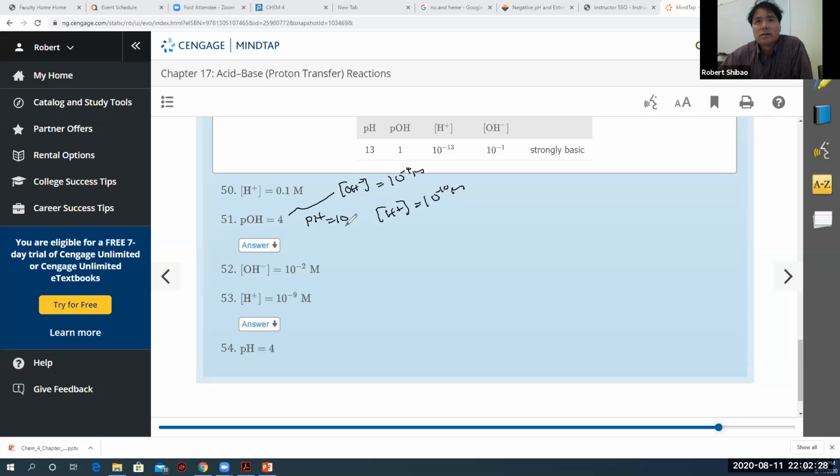A pH of 10 is moderately basic. They're probably going to pick strongly basic because we don't have other choices, so you could call it strongly basic.